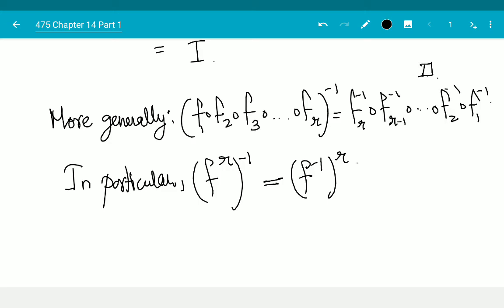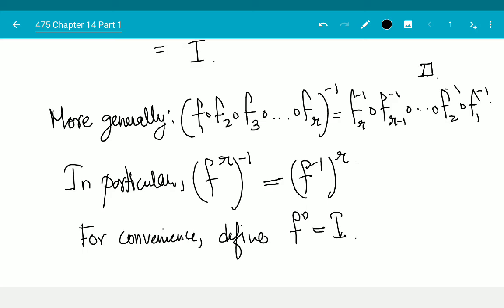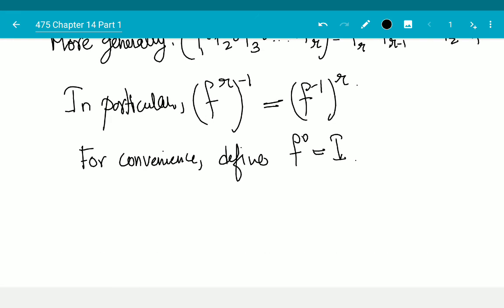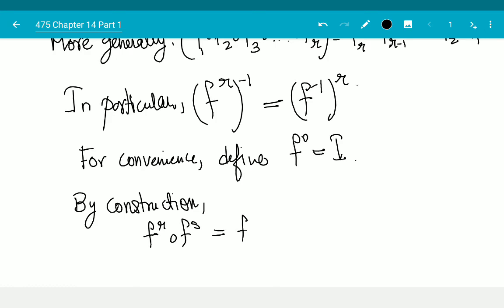Define, for convenience, f to the 0 is equal to identity, right? The same way that we define any number x to the power 0 as 1, I can define f to the 0 as identity. Then by construction f to the r composed f to the s is, well, how many of them are there?